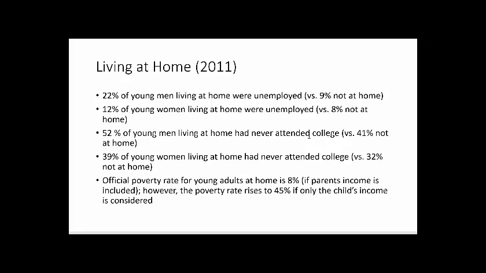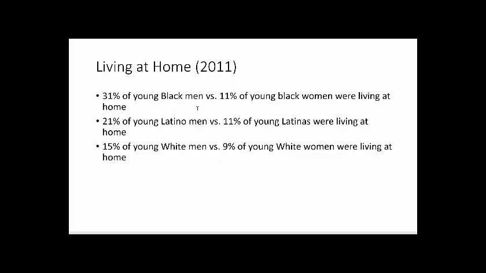Education is correlated with income, and income is correlated with forming your own household. And this looks at, again, living at home by race and ethnicity, and the differences between Latino, Black, and white young men and young women.